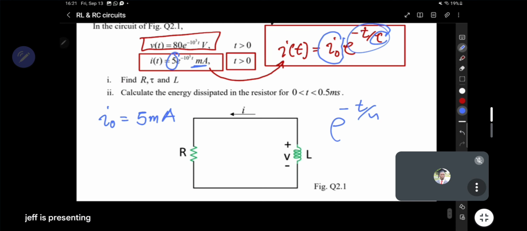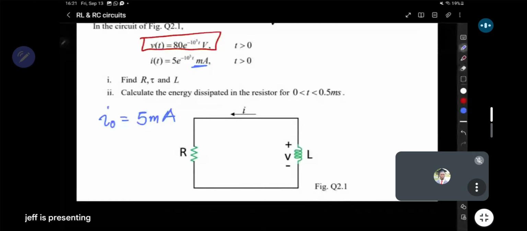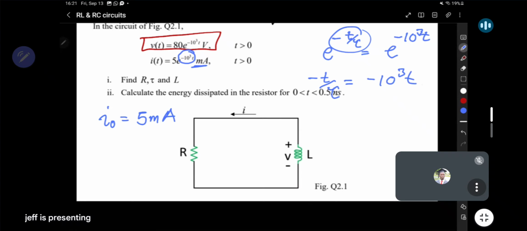I can easily say that, from the comparison we have here, it follows that since we had e to the minus t over tau, somehow this is the one that reduced to become e to the minus 10 to the power 3t. Or I can just say that this minus t over tau is the one that becomes minus 10 to the power 3t. Now I'm just solving for tau.